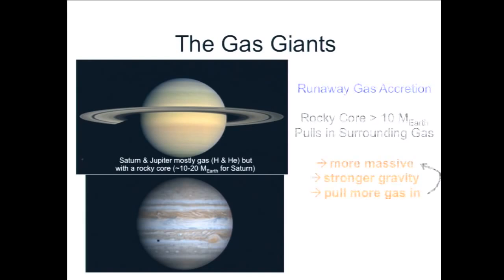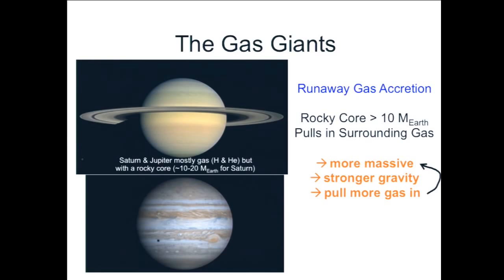And what happens is that as the rocky core that makes up Jupiter and Saturn gets bigger and bigger as things collide, at some point, when the rocky core is bigger than about 10 times the mass of the Earth, we think a new kind of gravitational runaway happens. The rocky core starts to pull in gas.